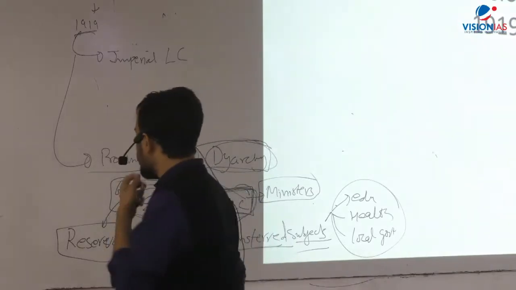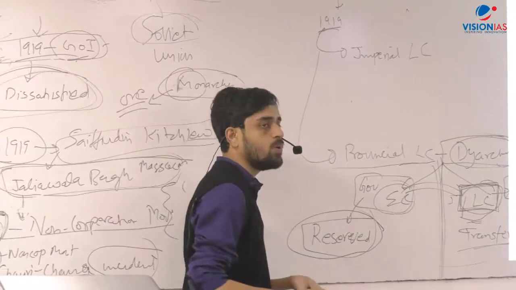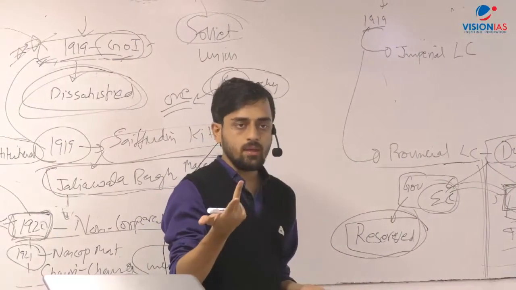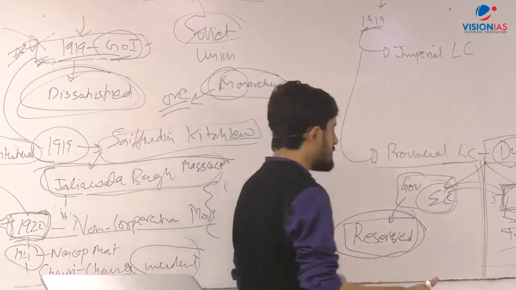But at the same point of time, what were the matters on which the British would not give up control? Finance, law and order, the army, foreign relations, on all these aspects it would not give any power to the provinces.